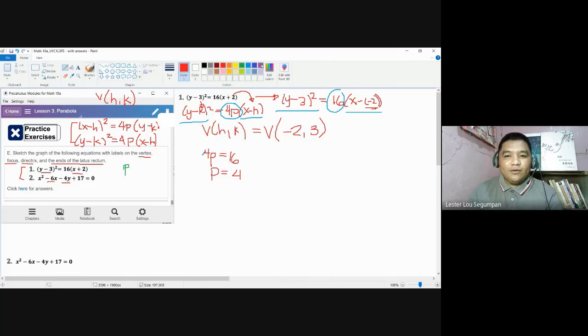With this value, we can use this to get our focus. The focus will not be using the concept of (0, p) or the other way around (p, 0), okay? Please be guided that our focus is collinear, or on the same line, with our vertex.